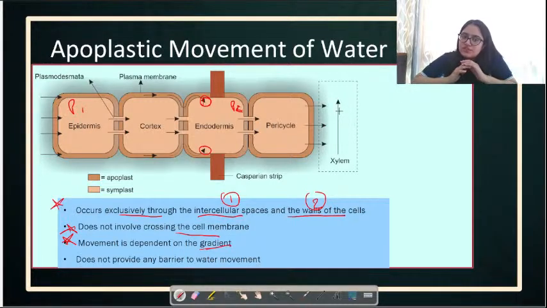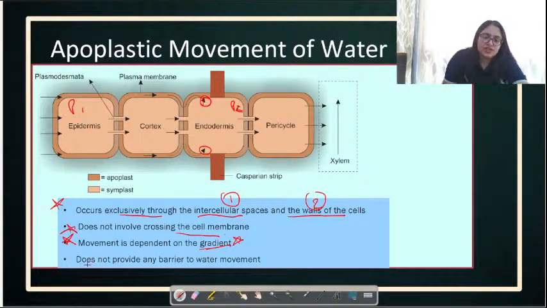So whether water is flowing via apoplast or symplast, it will flow because of the water potential gradient only. So if water is flowing from soil to the root xylem, that simply means the free energy of the water molecules in the soil is higher than the free energy of the water molecules in the root xylem. So the movement is dependent on the gradient.